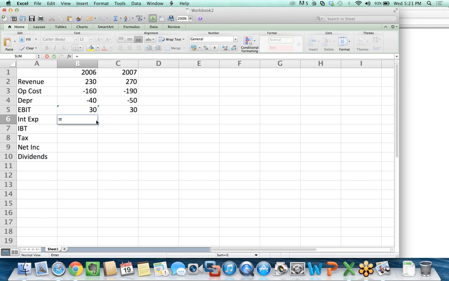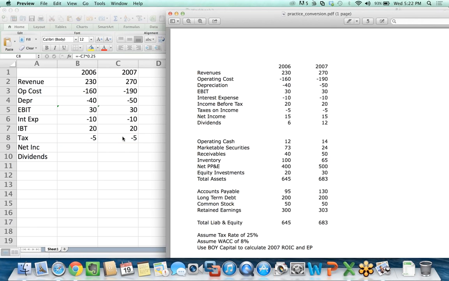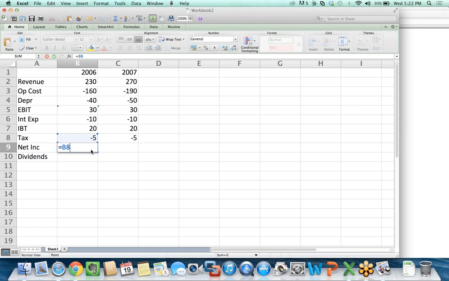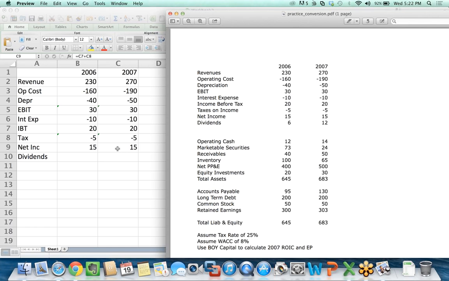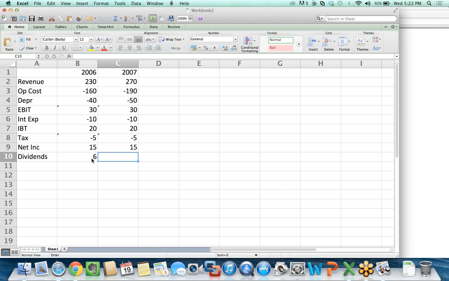Interest expense was negative 10, negative 10. Income before tax is EBIT minus the interest. Taxes were 5, suggesting a 25% tax rate, with a negative sign in front of that. And that gave us net income of 15 and 15. And we had dividends of 6 and 12.